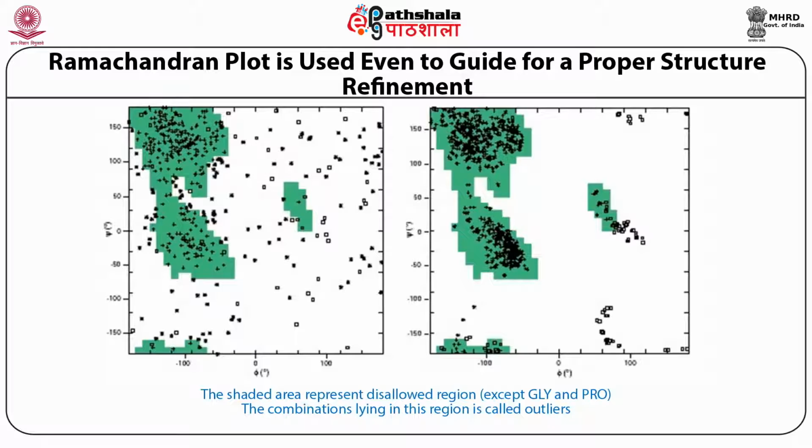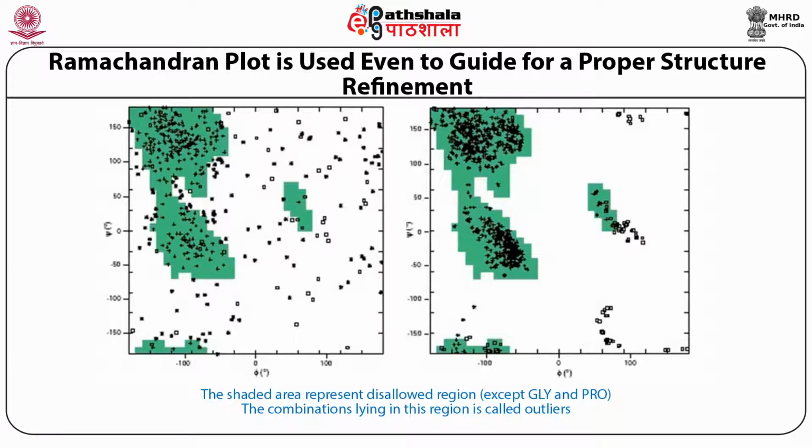If possible, we should have zero outliers except glycine and proline, because glycine is highly flexible and proline is a cyclic amino acid. There are some special stereochemical considerations, so they don't give rise to many clashes, and they are allowed to be anywhere. But other than these two residues, all the residues should fall within the allowed phi psi combination range.